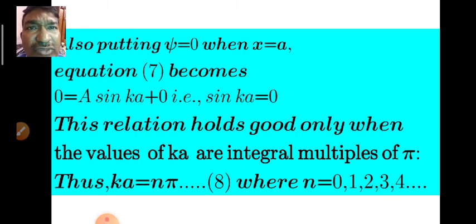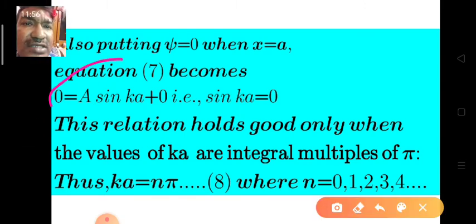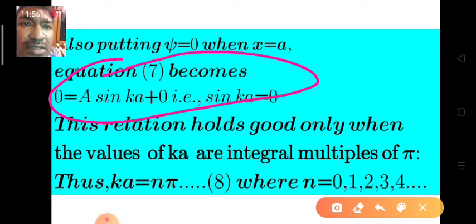Now we go for the second boundary condition, that x is equal to a. In the previous equation we applied x is equal to 0, but now we are applying x is equal to a. When we apply this, equation 7 becomes psi is equal to 0 into a sin ka plus 0, because the b term becomes 0.